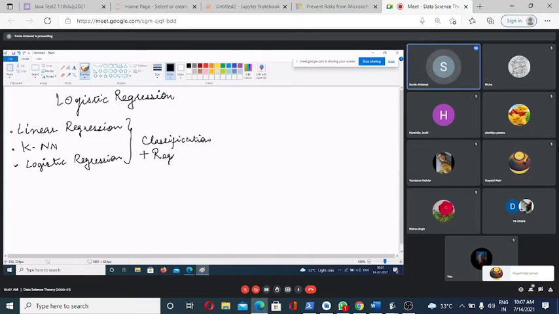Then what about regression? What is regression? Who will tell me what is regression? Ma'am, a way to establish a relationship between dependent and independent variables. That is what we went through for linear regression, and it is by default a classification algorithm.